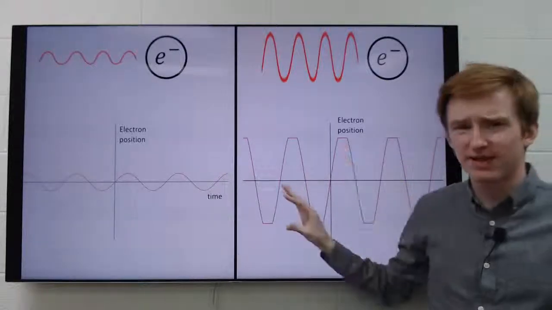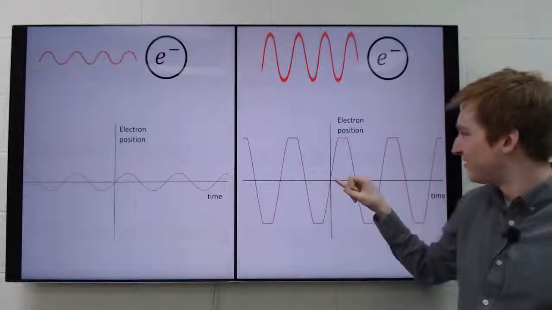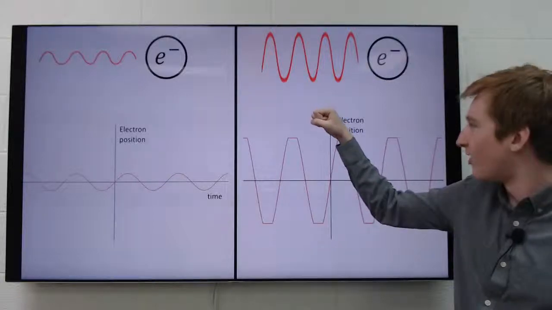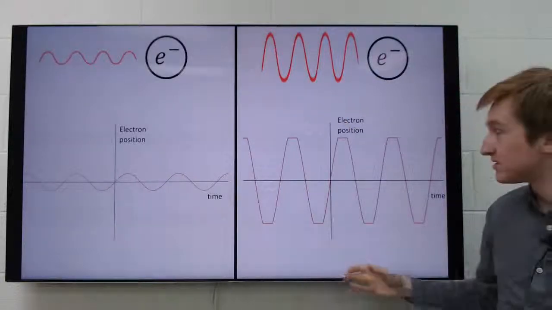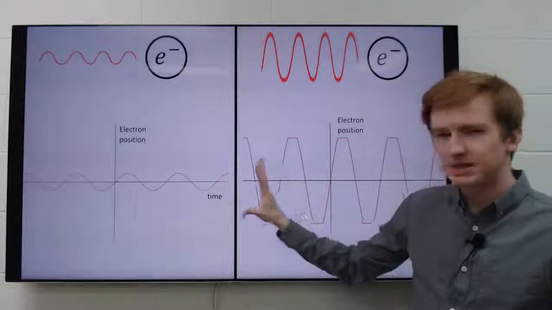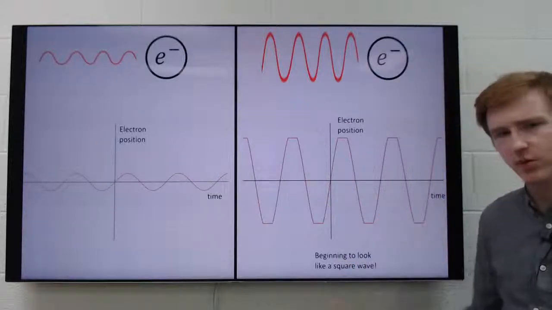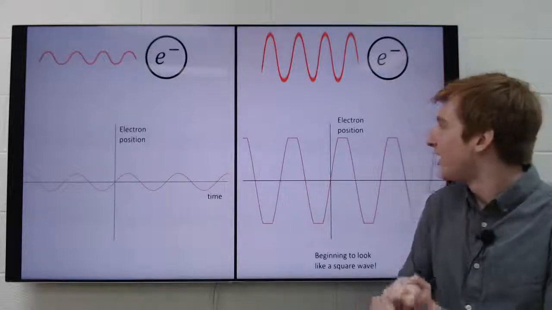Would it look exactly like this? Absolutely not, because if you follow this, the electron would have to move up and then stop for a while, and then come back down and stop. Obviously, it's not going to look like that, but it's going to look something similar to this. What does it look similar to? It looks similar to a square wave, kind of.